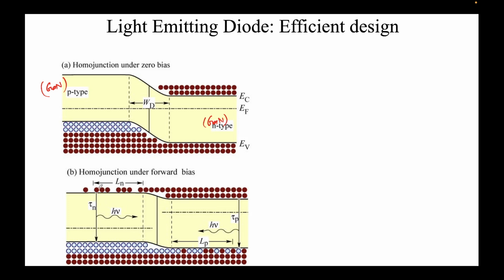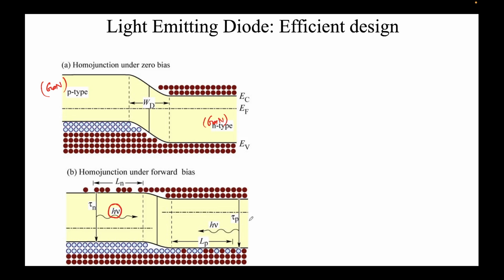What can happen is that the electrons on the p side can recombine with the holes present there, and in this process emit a photon. Similarly, the same thing can happen over here, and these lengths are the diffusion lengths. So only in these lengths will you have this emission of a photon happening. The emission can also happen from the right side. The electron which is there can simply recombine with the hole.